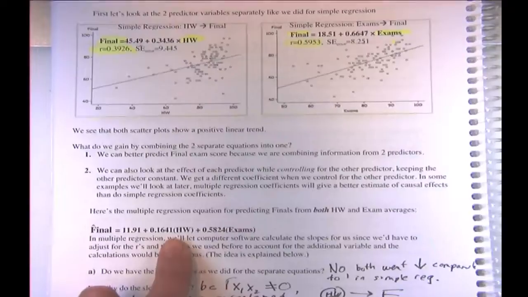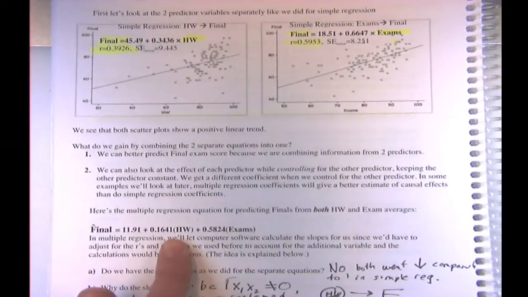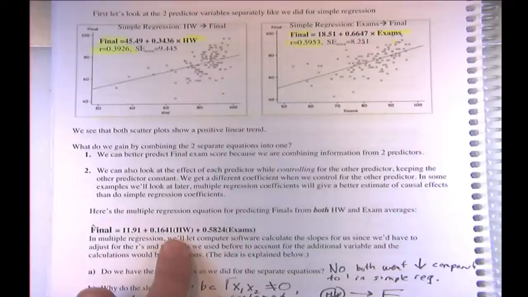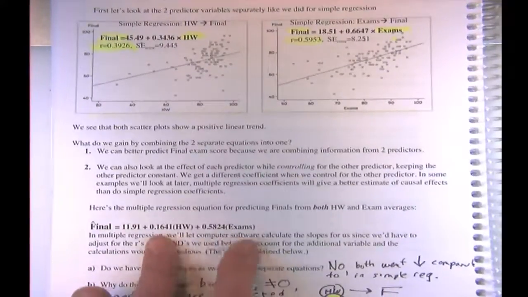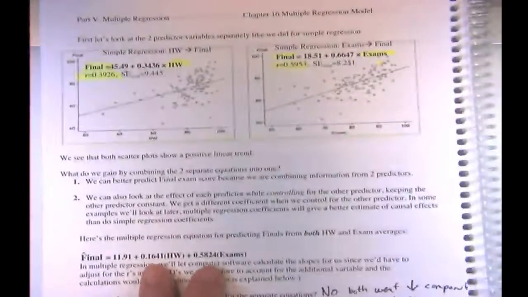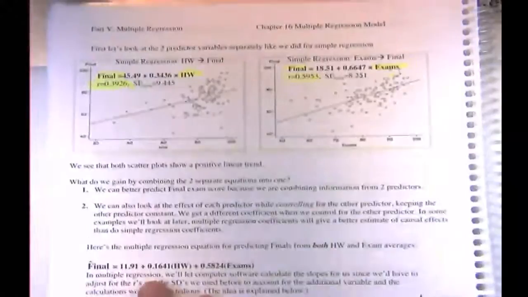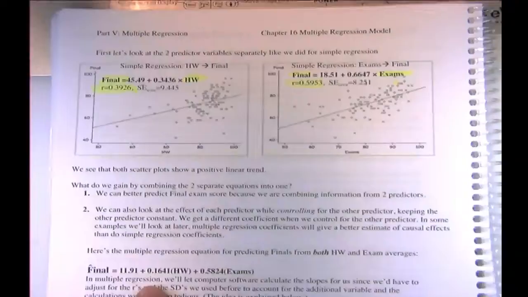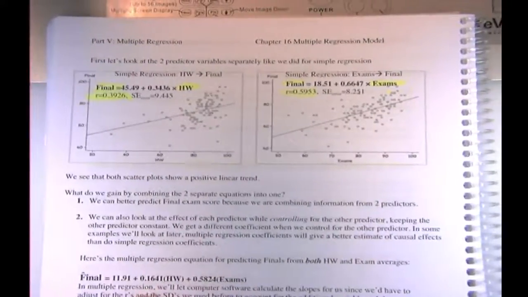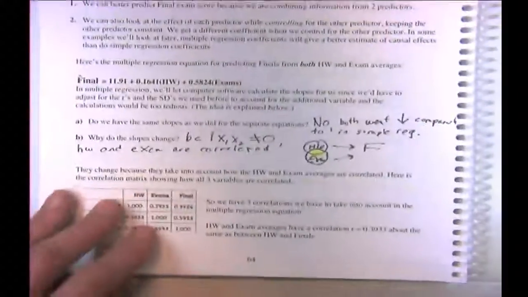They're mixed together, so you separate them out. And if they're correlated, then those slopes are going to, in this case, go down because everything's positively correlated, but they're always going to change. They could go up. Okay, so let's read this and we'll go on with this idea in a minute.